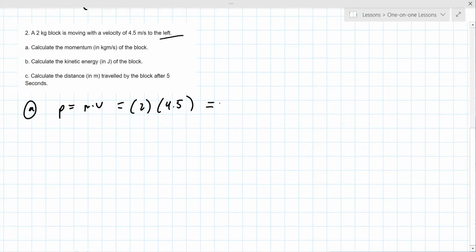So that's 9 kilograms meters per second. Now it's left, so it might be negative 9 because it's left. I'm not really sure. You might want to clarify that with the instructor.